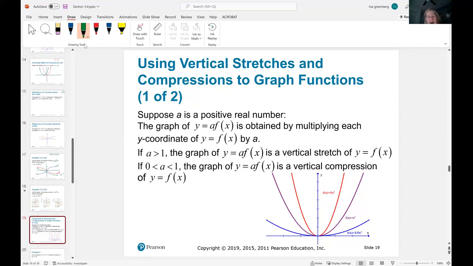All right, now I don't really like using parabolas for stretching and compressing, because most of the time I hear people say narrow or wide, but narrower or wider is a horizontal term. So taller and shorter is a vertical term, right?